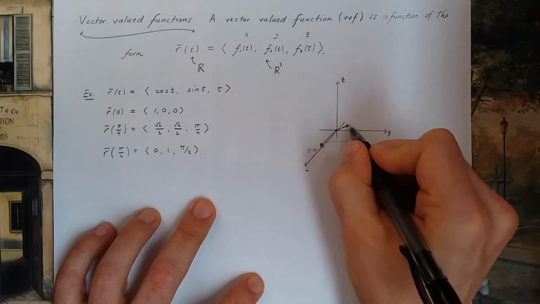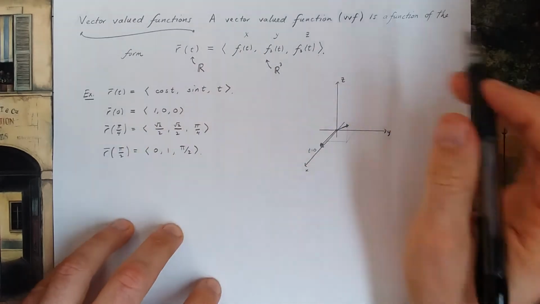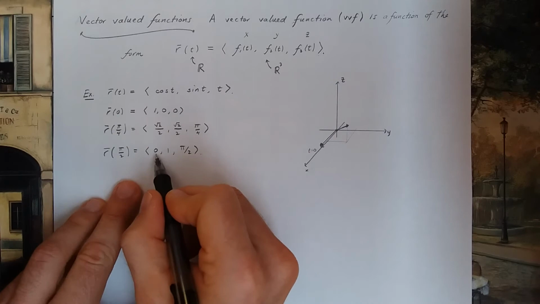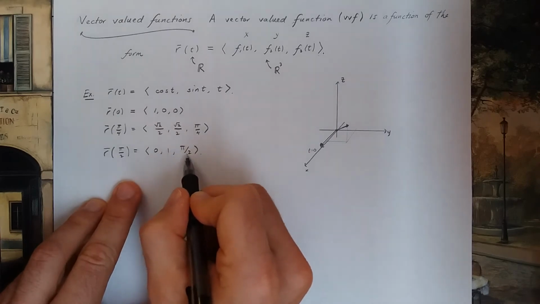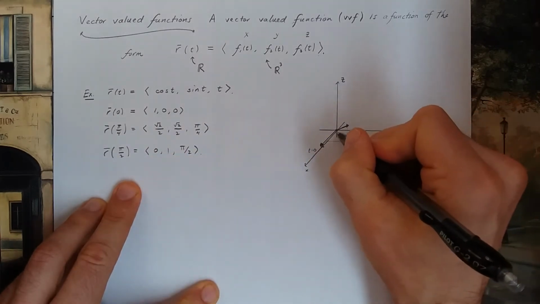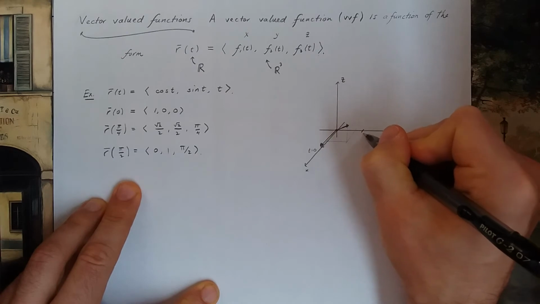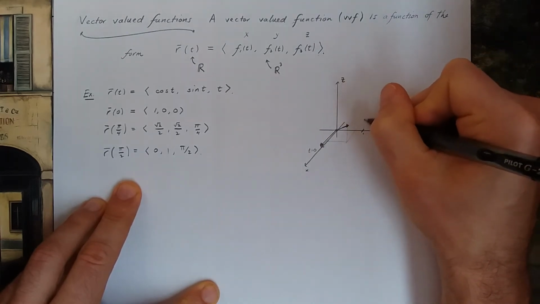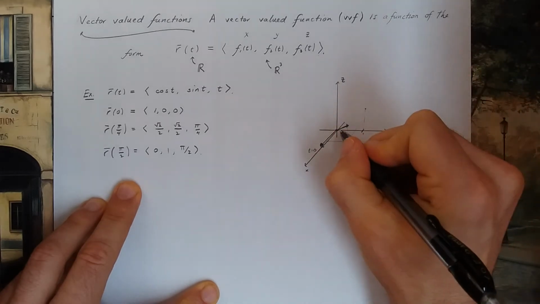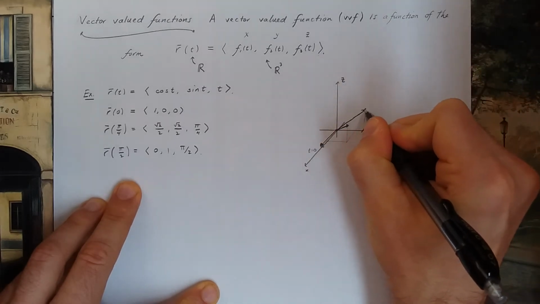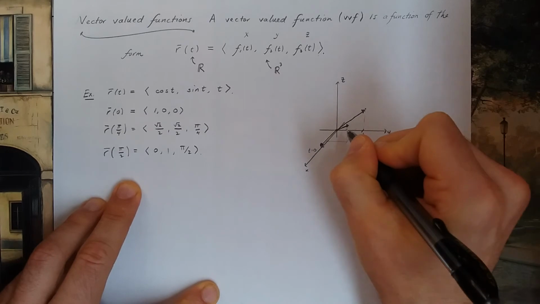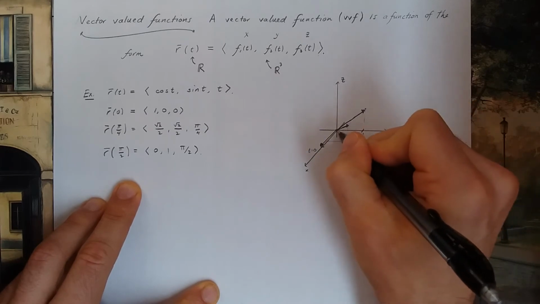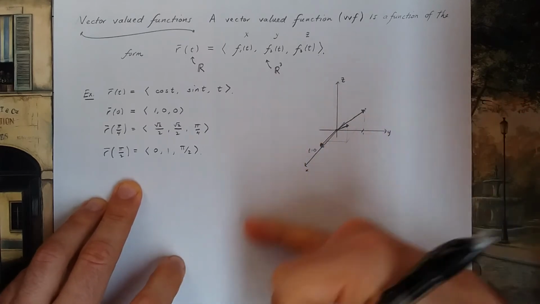That's when t is pi over 4. And then when I have pi over 2, I'm at the value 0, 1, pi over 2. So 0 in the x direction, 1 in the y direction, and pi over 2 in the z direction.